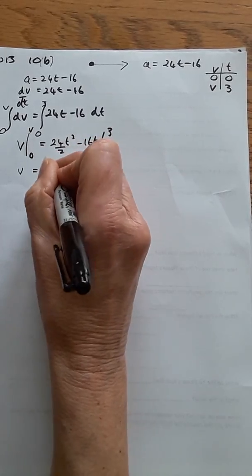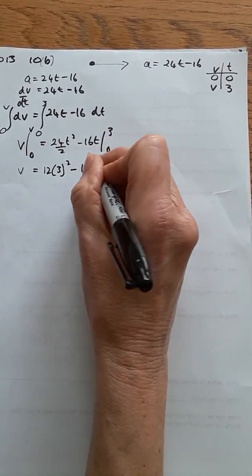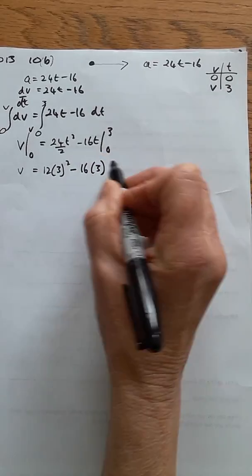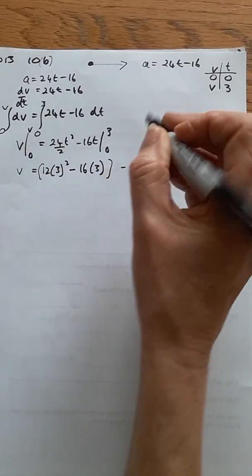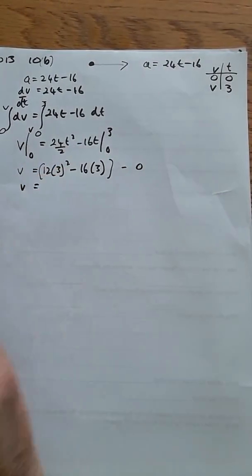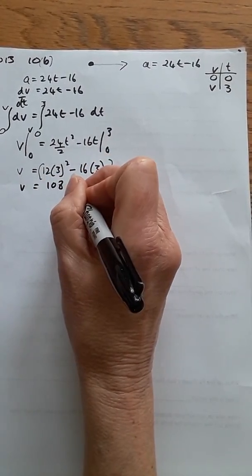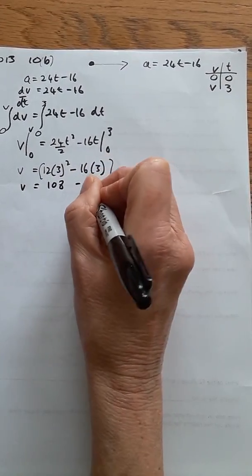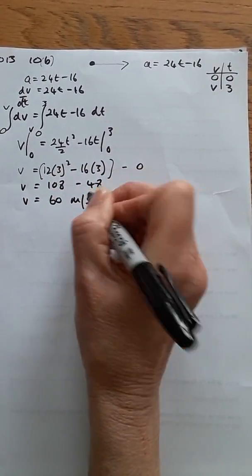So this is 12 times 3 squared minus 16 times 3, and of course the second set of the limits will be minus, putting 0 in for t, which would just be minus 0. So this becomes, v is equal to, when I work that out, I get 108, 12 nines, 108, minus 16 threes are 48, so I get a v of 60 meters per second. Okay, so that's the first part.